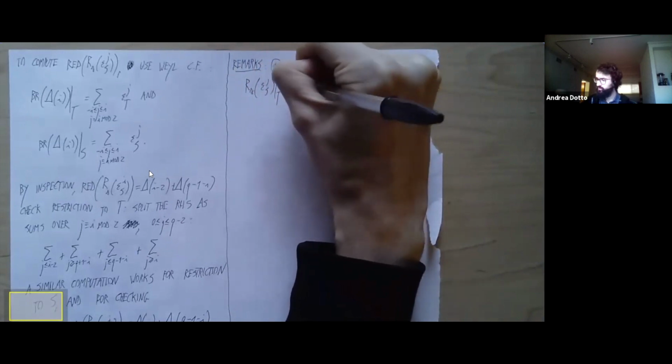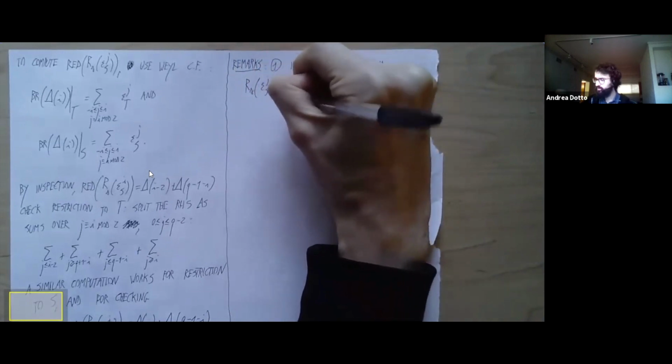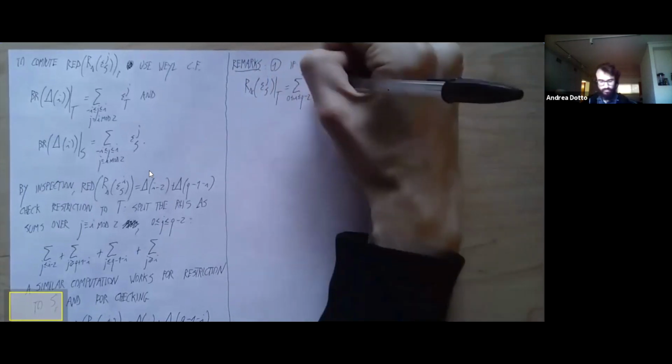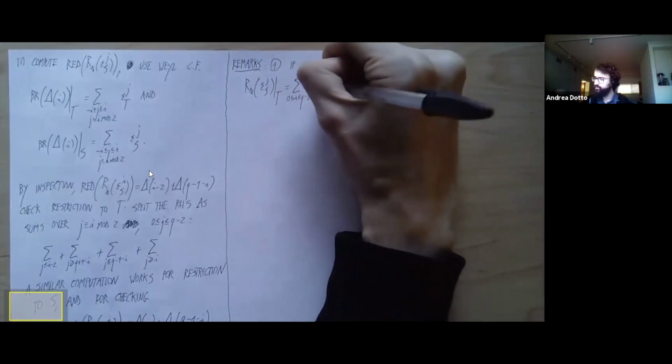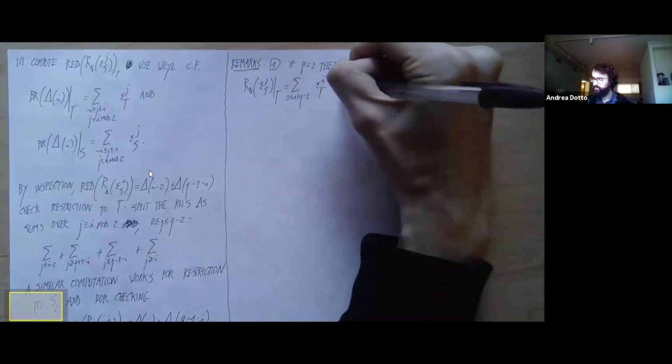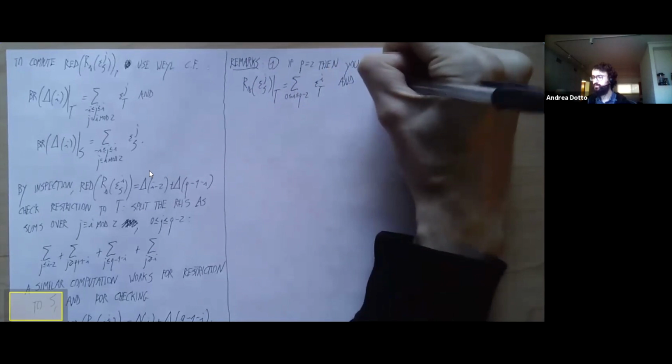Epsilon j of s restricted to T is going to be the sum over all possible exponents without a parity condition. In this case, this is equal to epsilon I of T. And similarly for S.